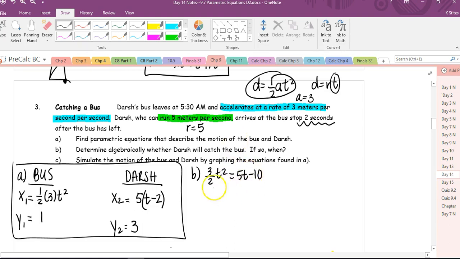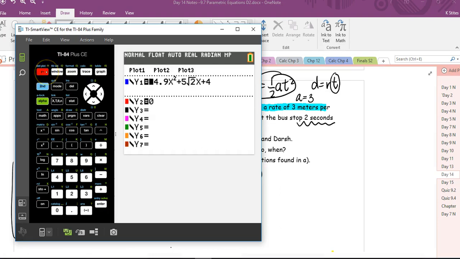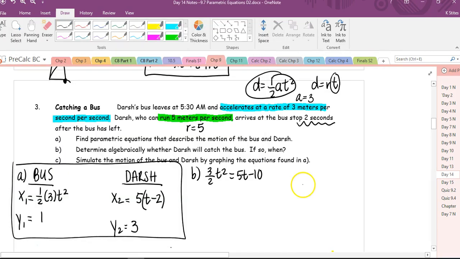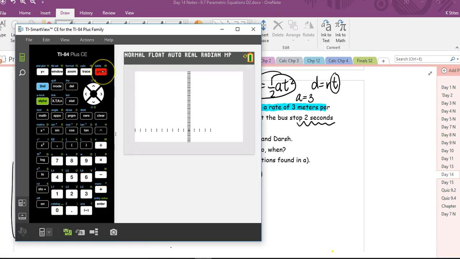So we're just going to set these two equal to each other. And if you want, you can move everything over to one side, but I'm just going to graph them like this. So 1.5x squared, and it was 5x minus 10.